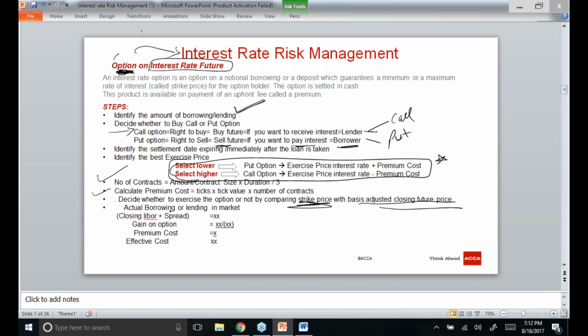Okay, the last step is very similar. Calculate actual borrowing or lending in the market. Adjust gain on option on it, because there will be no loss on option. In case of loss, you will definitely not exercise the option. And adjust the premium cost into it and calculate the effective cost. Okay, let's learn these steps with the help of an example.